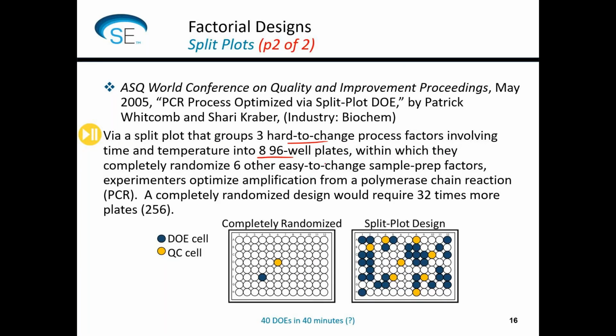If you've got a calculator in front of you, I think it'll come out 32. 32 times more efficient to do this grouping and apply as hard to change in a split plot the thermocycler factors. And then within each group, you then have subplots, which are actually subplates, and the whole plot are the whole plates. So there's an interesting correlation in this particular case of plate and plot. So I always enjoy that, being a person that likes playing with words.